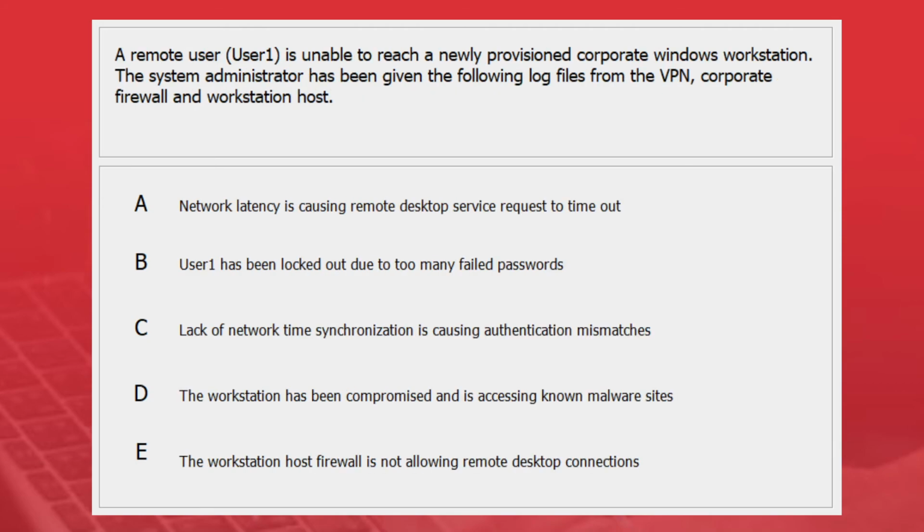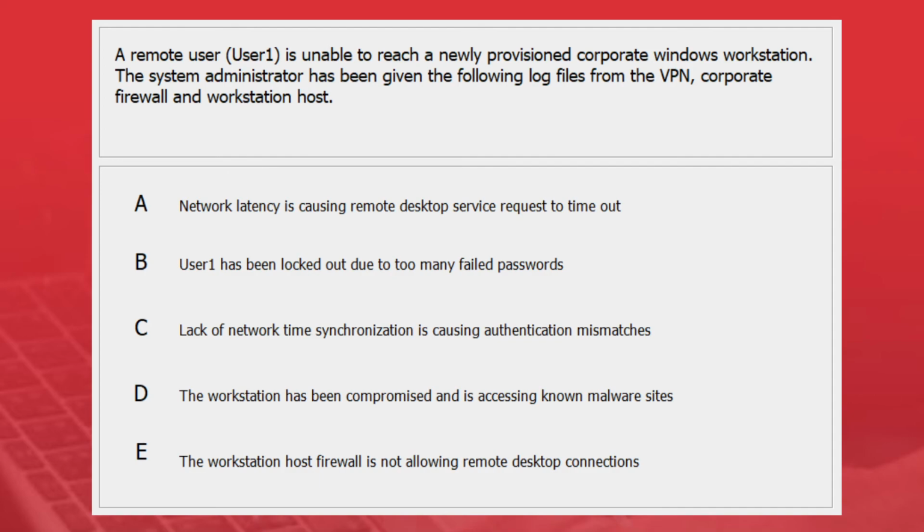Question number 7. A remote user, user 1, is unable to reach a newly provisioned corporate Windows workstation. The system administrator has been given the following log files from the VPN, corporate firewall, and workstation host. A. Network latency is causing remote desktop service request to timeout. B. User 1 has been locked out due to too many failed passwords.